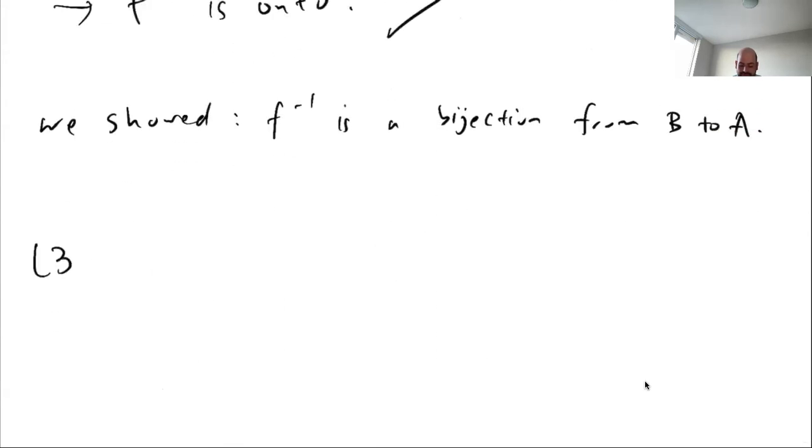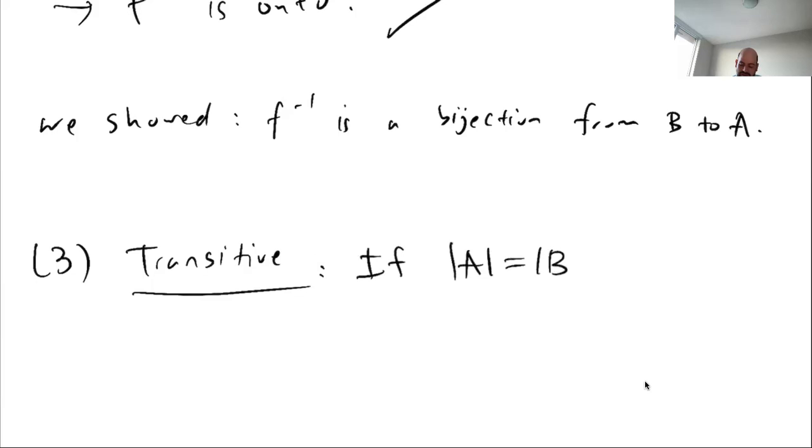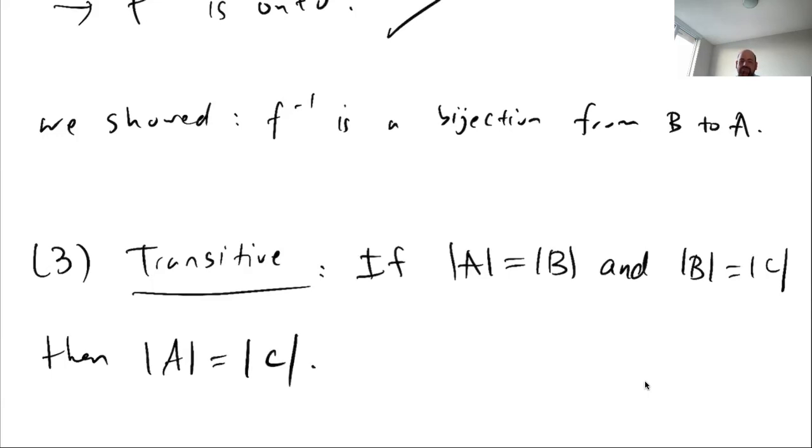Now another property, transitive. It's a property called transitive property, which says that if cardinality A equals cardinality B and cardinality B equals cardinality C, then cardinality A equals cardinality C. So in a relation, we can say that if A is in relation with B and B is in relation with C, then A is in relation with C. Then that relation is called a transitive relation.